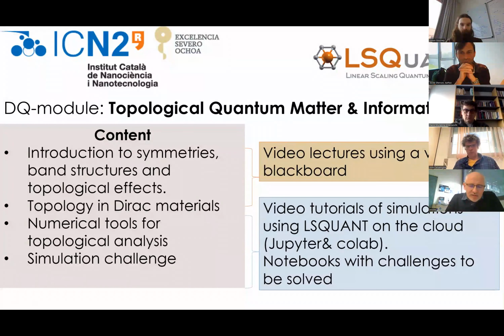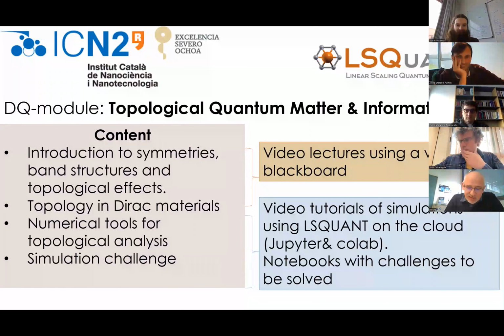One will be a series of short, 10-minute lectures using a digital board to introduce the theoretical minimum about the concepts that we need: symmetry, topology, entanglement in quantum matter. The second part will use Python libraries to compute numerically some of those properties, like Berry's curvature, topological invariants, and so on.